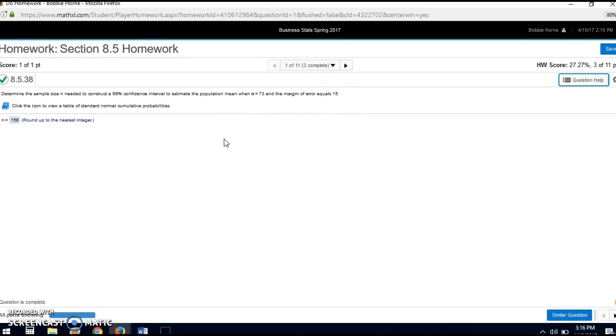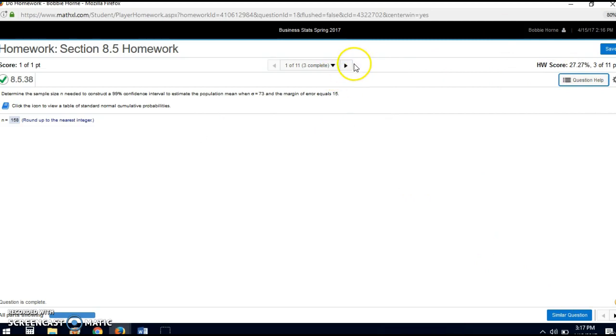So the more confident you are in your sample, the bigger the sample needs to be. So if I only picked a sample of 2, I'm not going to have as much confidence as if I pick a sample of 100, because 100 is closer to the population than just picking 2 samples.